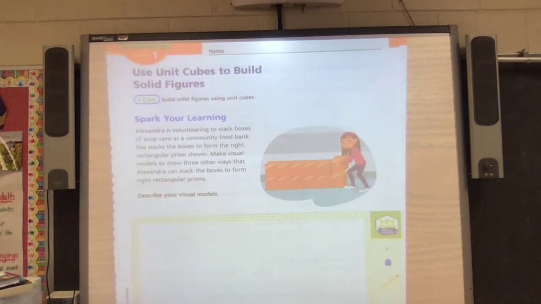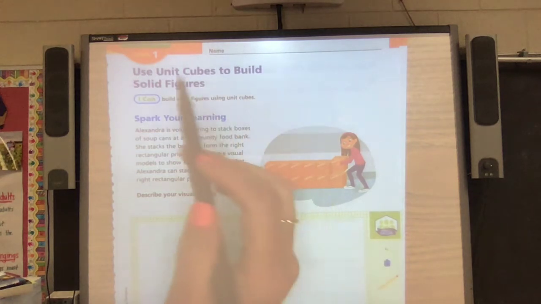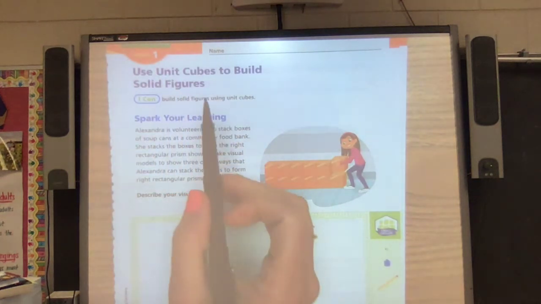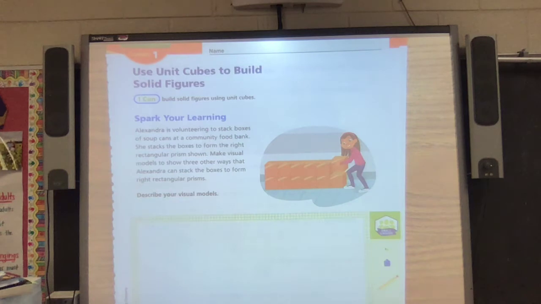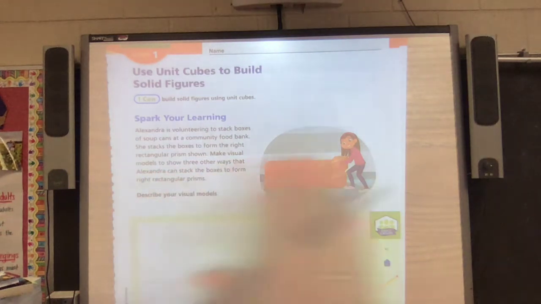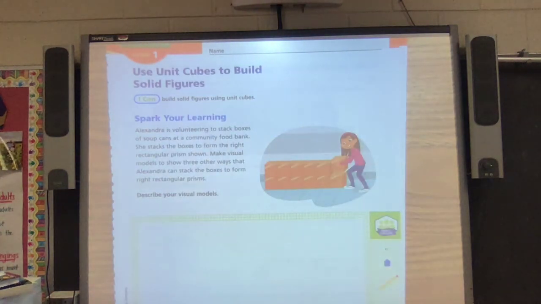Okay, so we're going to first build solid figures, so not a flat surface, a 3D figure, using unit cubes. All right, so that's going to be our job today, is to use our unit cubes to build a solid figure. All right, so it says Alexandria is volunteering to stack boxes of soup cans at a community food bank.